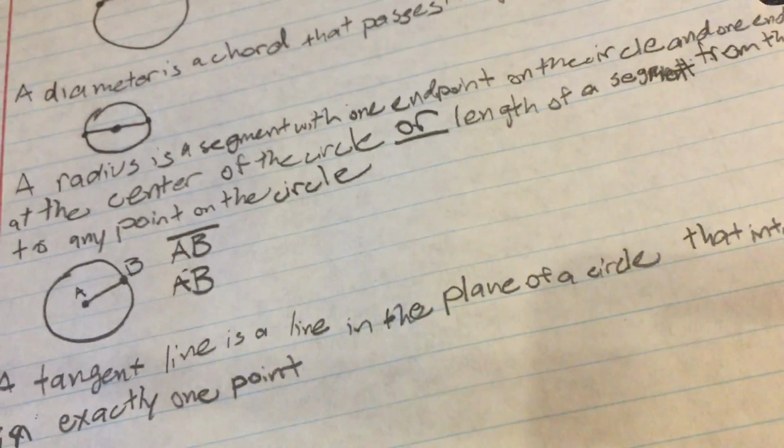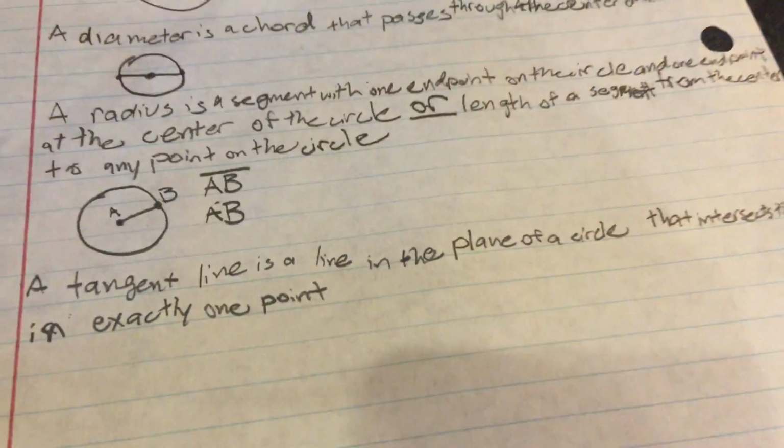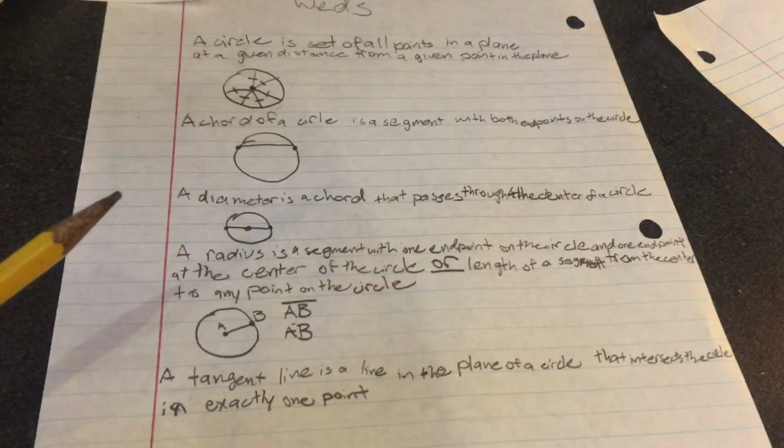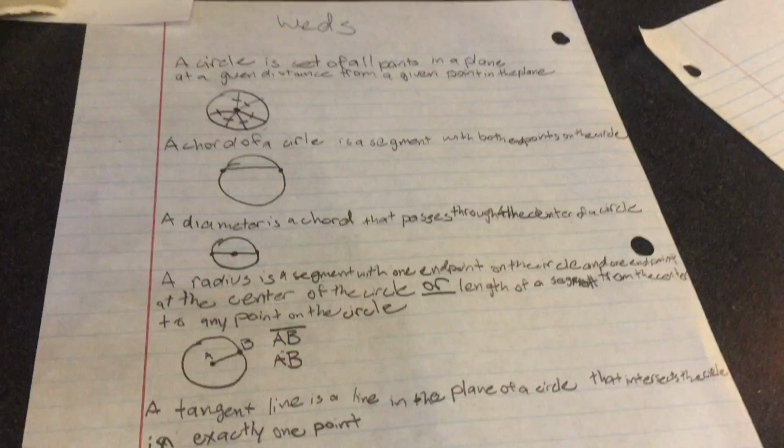Or it's a line that intersects a sphere in exactly one point, but that doesn't matter right now. So there are all the definitions so far. There's still more. Just take some time to copy this down if you don't have it in your notebook already.